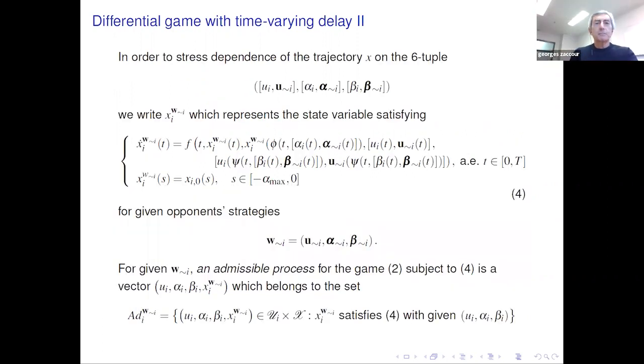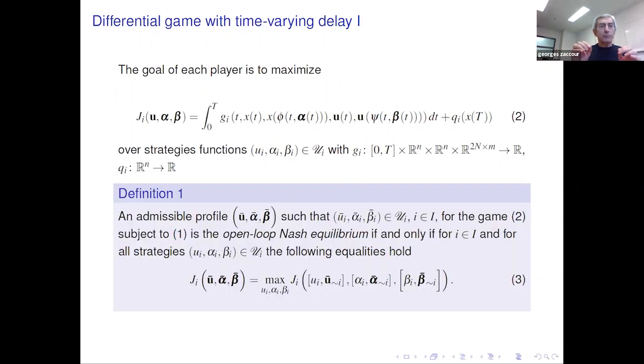Dominika, yeah. May I ask, just to be able to follow better what you are saying, what kind of delays are involved here? So it's not in the usual sense that you have a lag. Yes, but the lag depends on time. So the lag is different in times, and it also depends not only on the lag of one player, my player, but also on the lag from the other players.